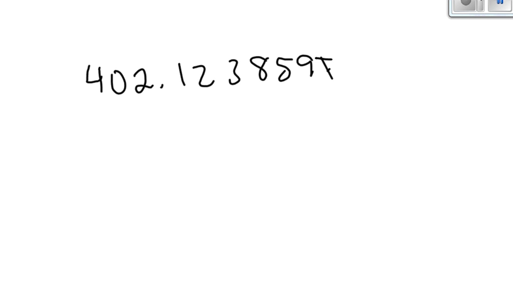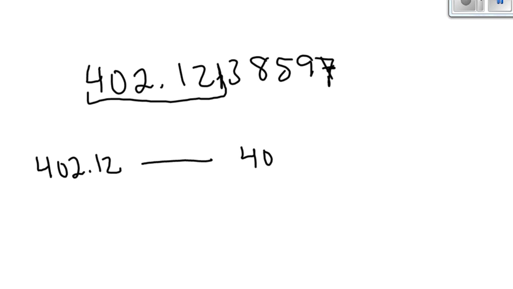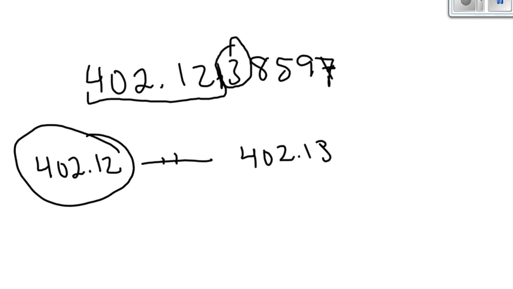And I want 2 decimal places. So 2 decimal places is right here, 402.12, or do I want 402.13? Well, the first number I'm about to eliminate is 3. 3 is not more than halfway. It's less than halfway, so you take 402.12.